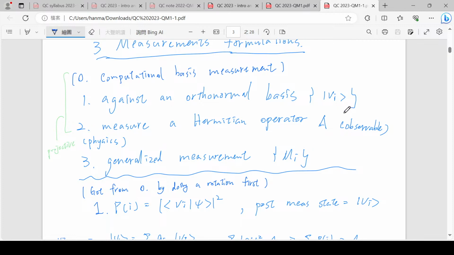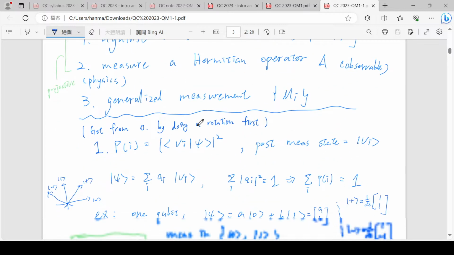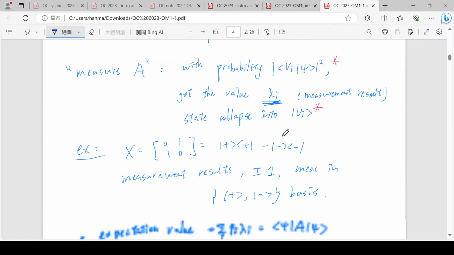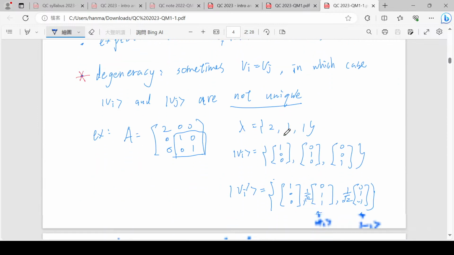The easy way to see it is this, but there is an extra complication in that there can be degeneracy. Some of the v_i can have the same eigenvalues, and when you measure them, you cannot distinguish v_i's with the same eigenvalue.